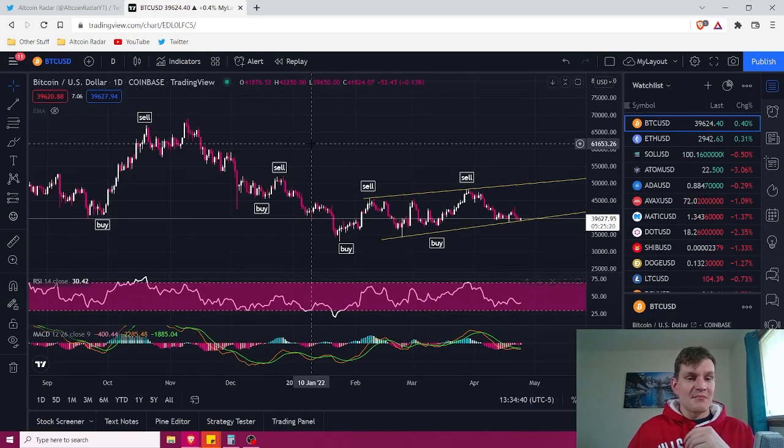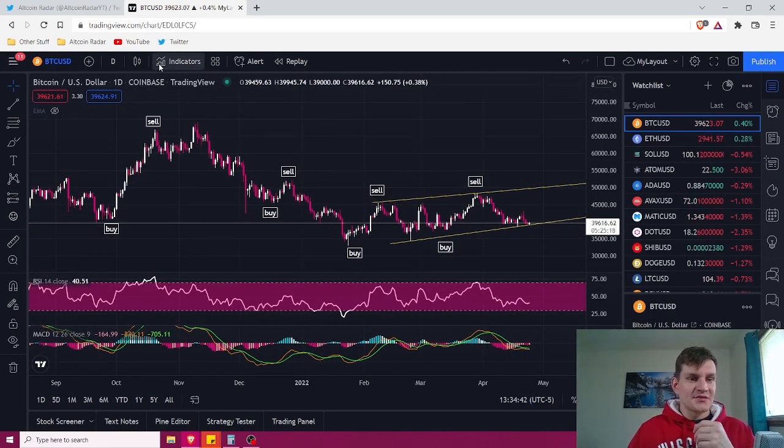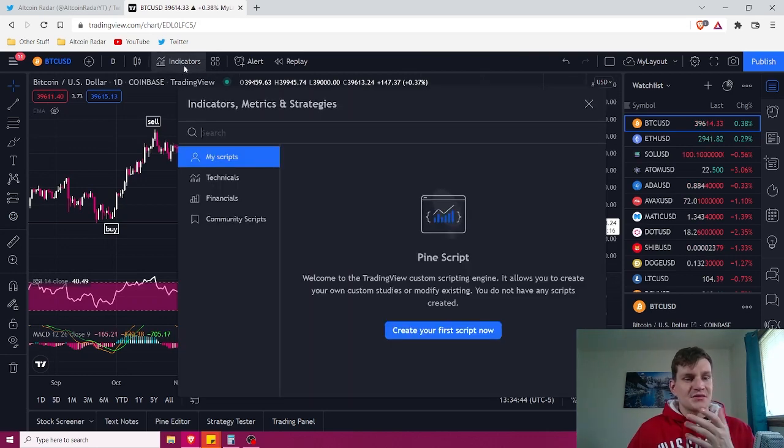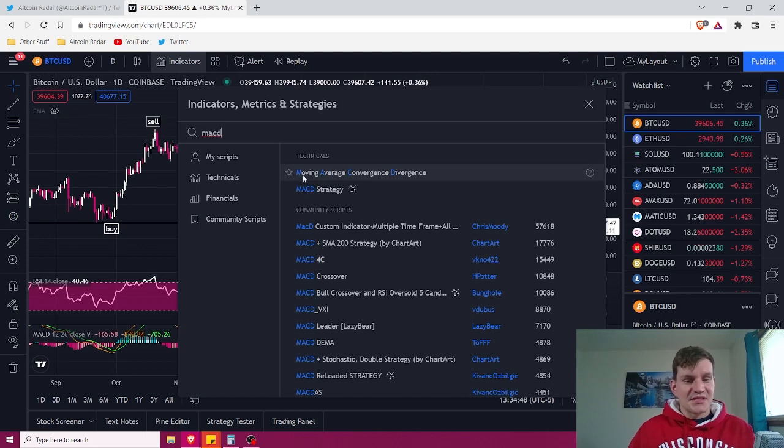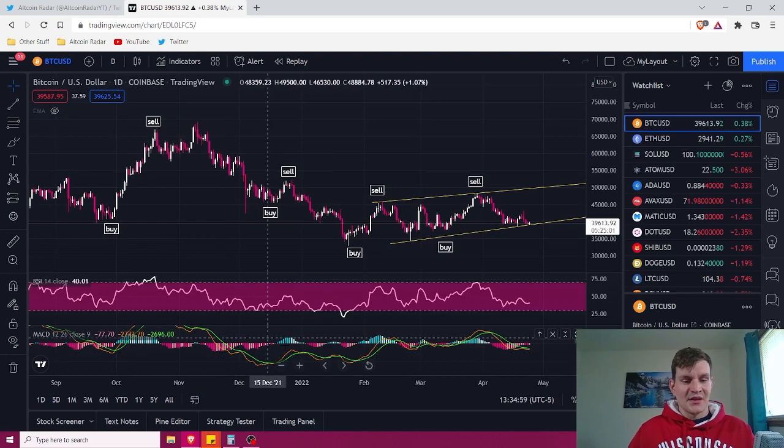Then you want to get the MACD indicator. Click on indicators up here at the top, and type MACD in the search bar, which is the same as moving average convergence divergence. Click on moving average convergence divergence, and it should come up like this. And that's pretty much it.